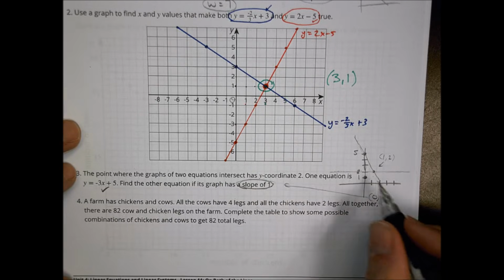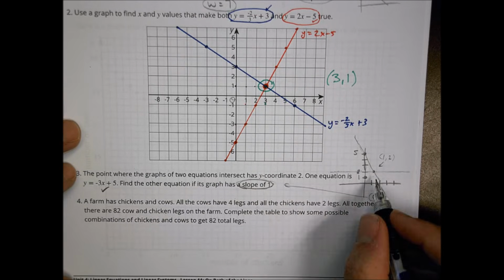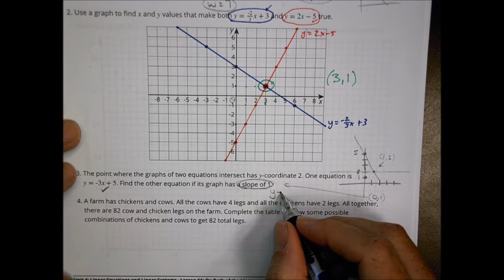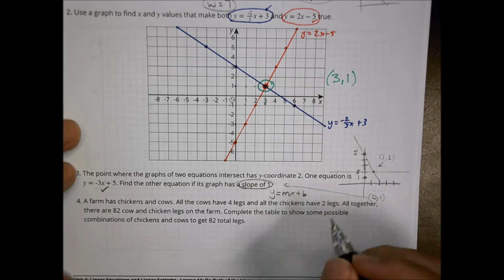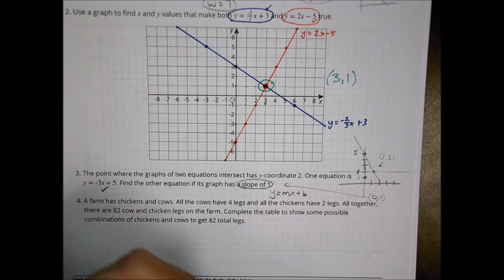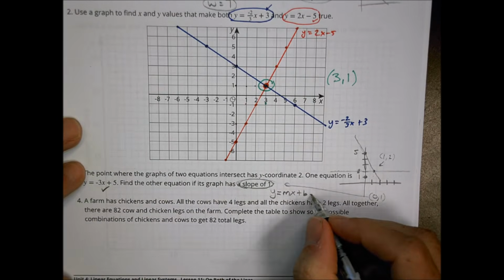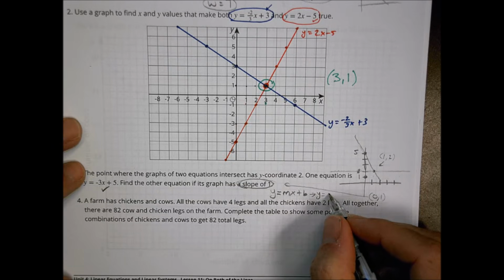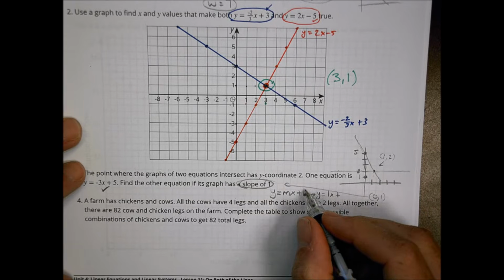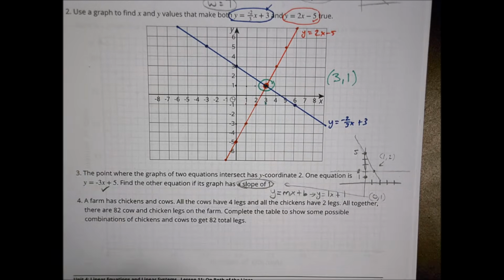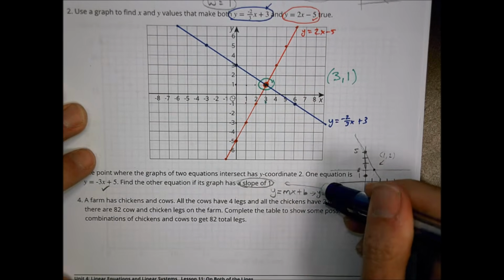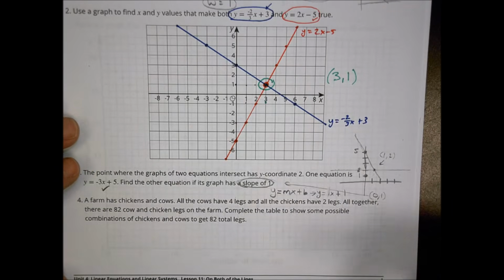Knowing that I now have a y-intercept and I have a slope, I could use the equation y equals mx plus b, where m stands for our slope, and in our case our slope was what? Our slope was 1, so y equals 1 times x, and then plus b, which is our y-intercept, which is here at 1, which is just going to be 1. So we could say y equals x plus 1 and leave it like that.